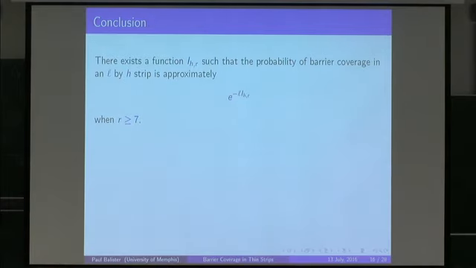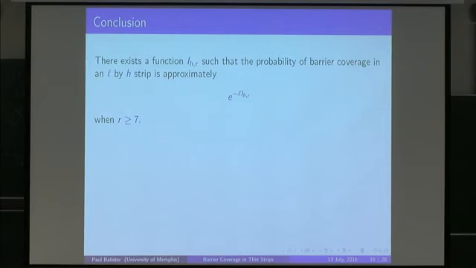So the summary of this first part is, what have we got? We've got a definition of barrier coverage. We've got a definition of the failure of barrier coverage, which is breaks. We've got a function of just the height and the radius such that the number of breaks in an L by H strip is essentially Poisson, occurring with density I(H,R).